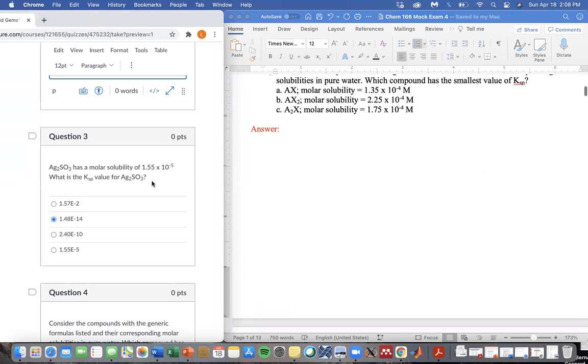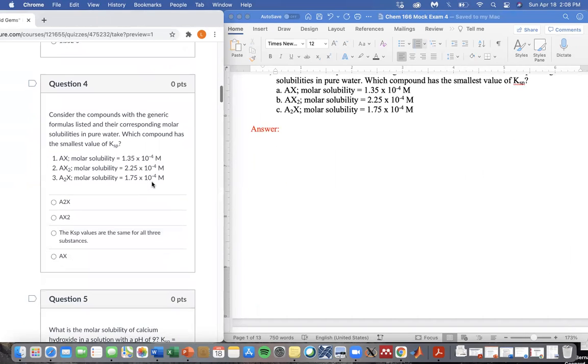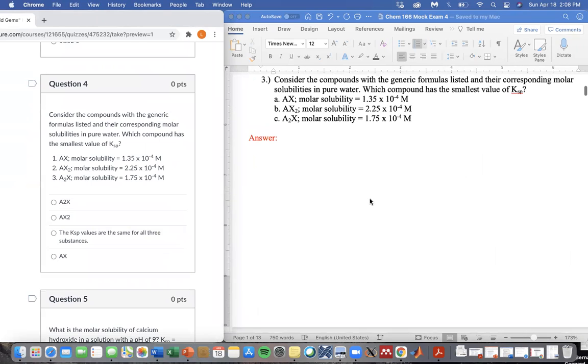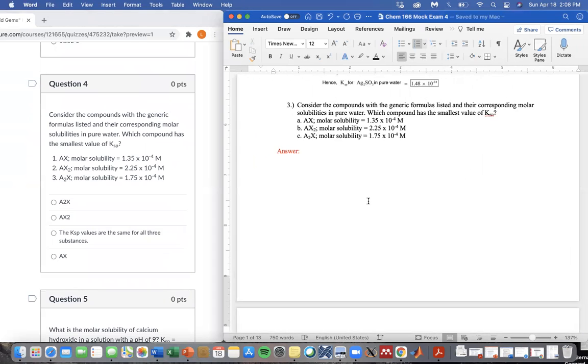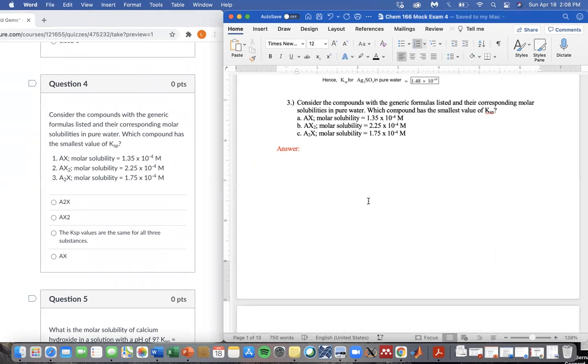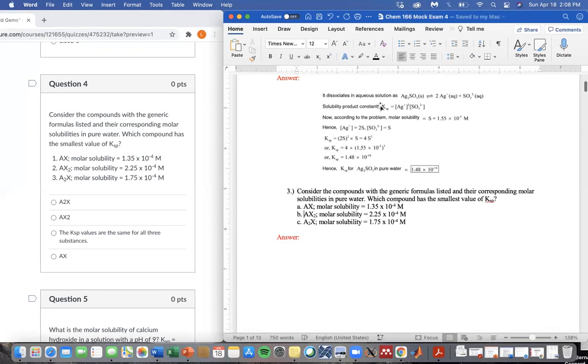This next one is one of the harder Ksp problems on here, mostly because it requires doing it for 3 different compounds and deducing which one has the smallest value of Ksp. For each of these, you're given the molar solubility, so it's the same concept as the last one, where you calculate Ksp from molar solubility.